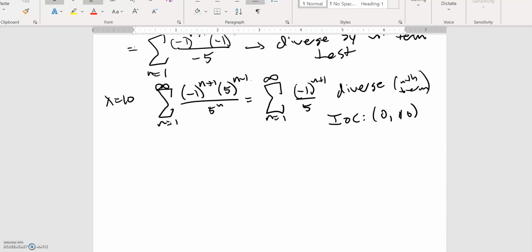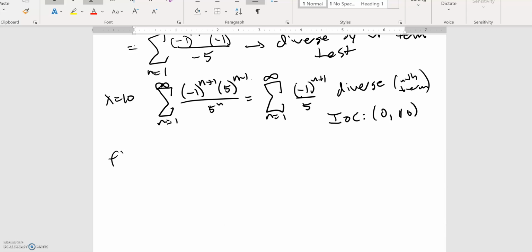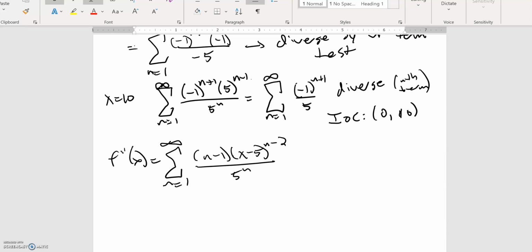There you go. And so I'll let you know what I got for the second derivative. I got that it was the sum from n equals 1 to infinity of n minus 1 times (x minus 5) to the n minus 2 over 5 to the n.